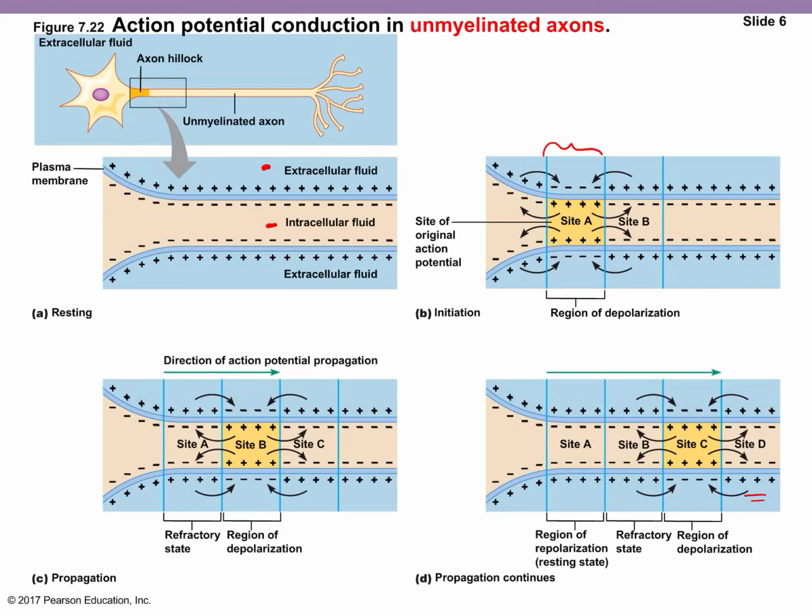One little area is going to initiate the action potential, and it's going to cause the little segment right next door to also create an action potential. So action potentials will move down an unmyelinated axon relatively slowly, because every piece of that membrane needs to become depolarized.